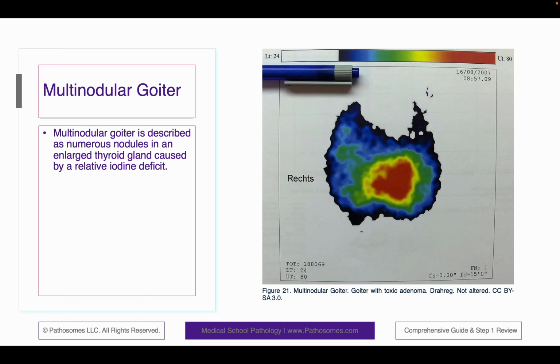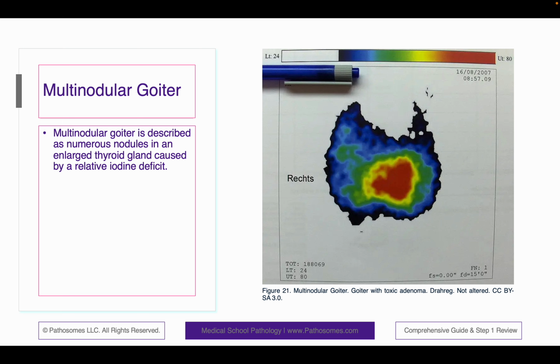Now let's talk about multinodular goiter in more detail. A multinodular goiter is described as numerous nodules and an enlarged thyroid gland caused by a relative iodine deficit. To the right here, we can see a representative scan of a multinodular goiter.